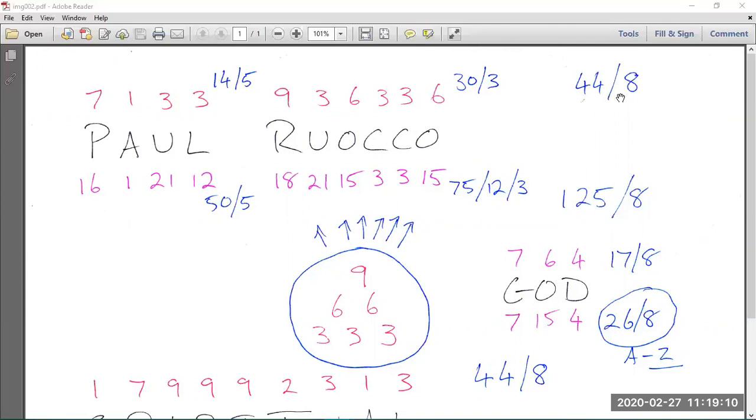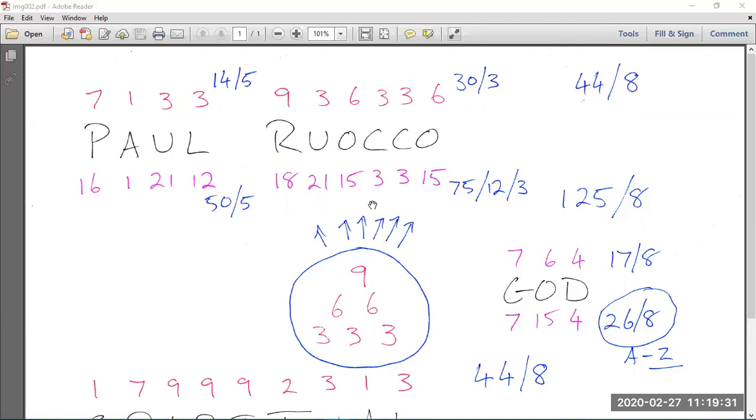Now here, 44:8, we saw that in the physical plane of that double triangular matrix. It was at the top left side, those numbers added to 44:8. My simplified numbers here add up to 44:8.